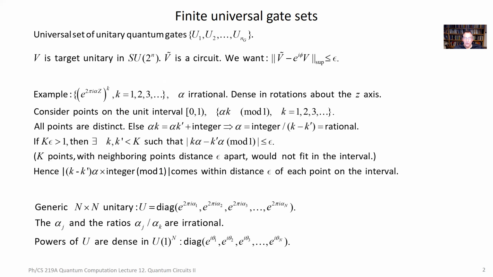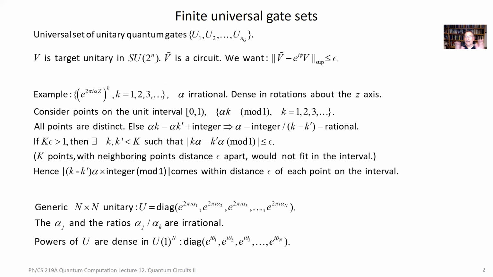So now it's an n by n unitary, and I can always go to the basis in which it's diagonal, and the eigenvalues are all complex numbers of modulus 1, so I can write them all as e to the 2 pi i alpha j, where j equals 1, 2, 3, etc., up to capital N. Now, generically, remember, because rational numbers are a set of measure 0 in all the real numbers, all those alpha j's are going to be irrational numbers, and not only that, all ratios of the alpha j's will also be irrational.